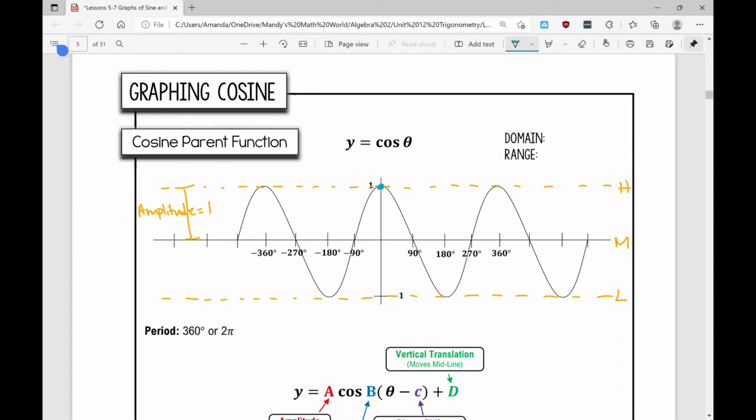So what's the x value at 0 degrees? Yes, the x coordinate at 0 degrees is 1. The x coordinate at 90 degrees is 0. So we're back here. The x coordinate at 180 degrees is -1. The x coordinate at 270 degrees, we're back to 0. The x coordinate at 360 degrees, we're back to 1.